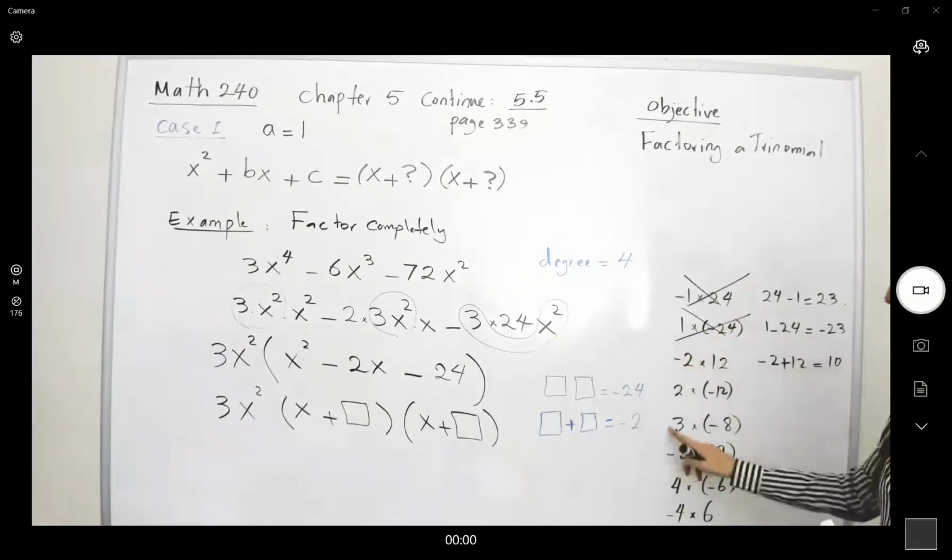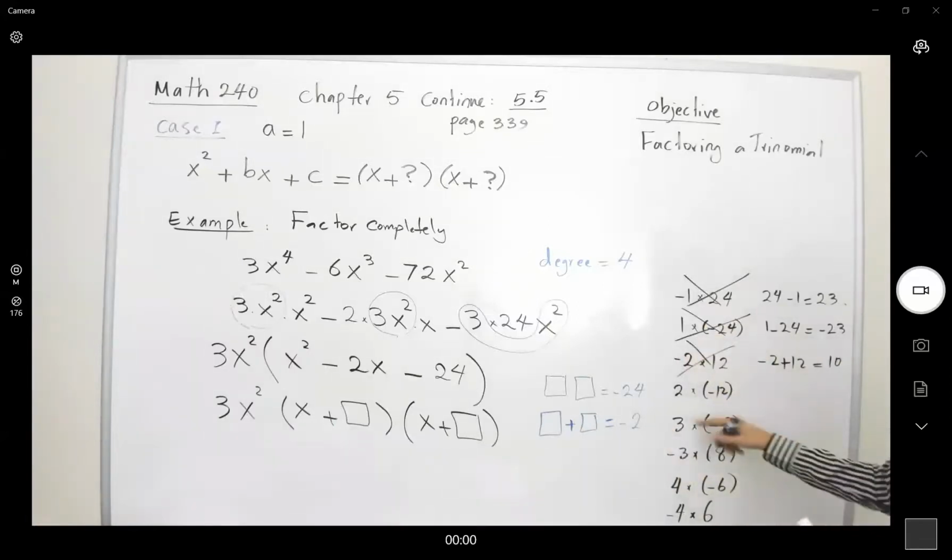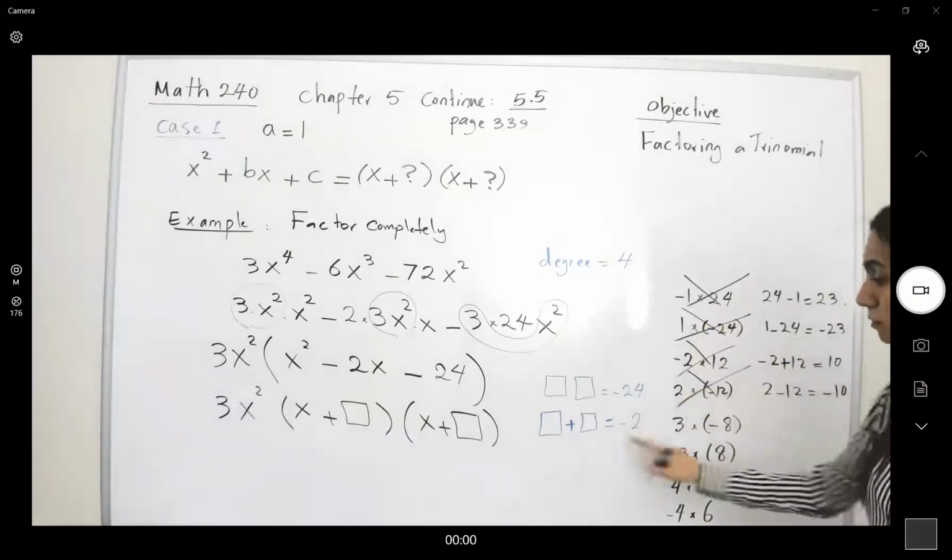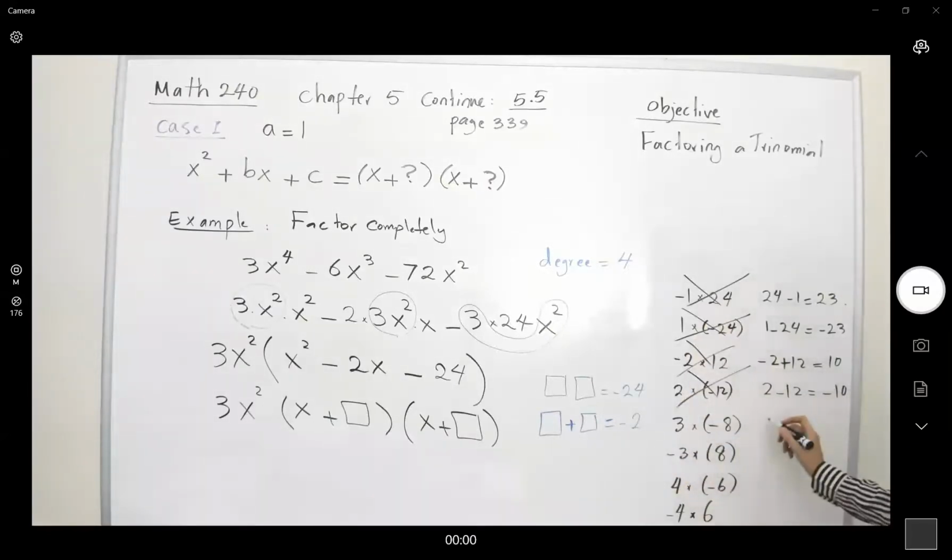Of course, it's not -2, so not a good option. 2 minus 12 gives me -10. Again, I'm looking for -2. 3 minus 8 gives me -5. Nope, it's not -2. So -3 plus 8 is +5. Not a good option. What about 4 and -6?